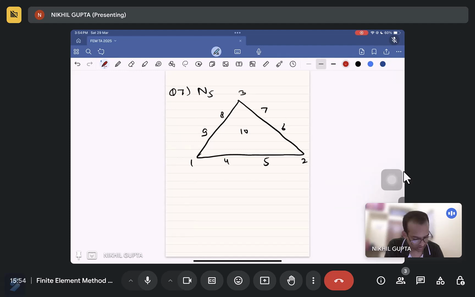How to do it for this? You have to make a line here, and a line here. It is based on the natural coordinate system. Now here you have to use the natural coordinates xi1, xi2, xi3 like this. I think this week these things are being covered.